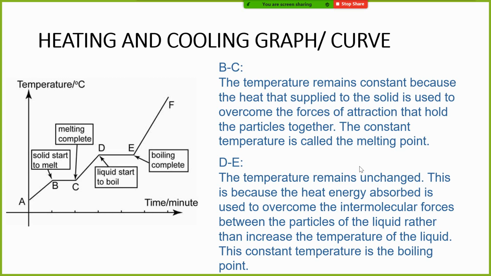Somewhere in your book you can make note of it to say that there is an increase in the potential energy at B to C, and this is due to the fact that the particles are moving further apart from each other.